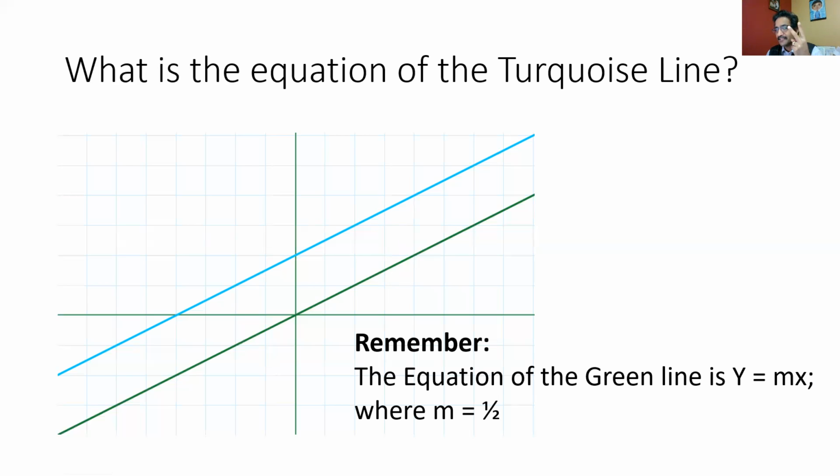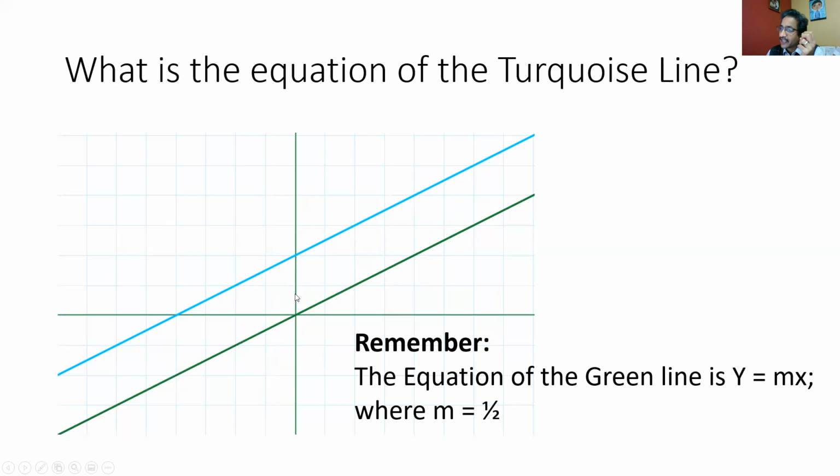How do you know that the difference between the y's is 2? Why is it not 3 or why is it not 1? We travel from the green to turquoise and see the difference. You can compute it easily by looking at this point here, where the turquoise line goes through the y-axis.